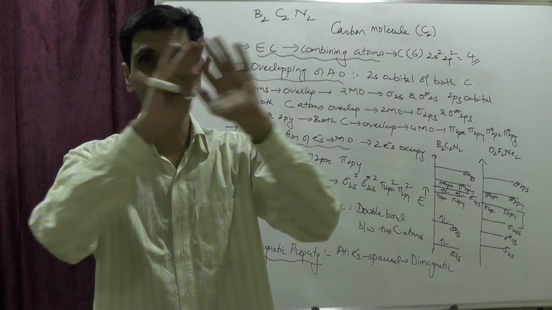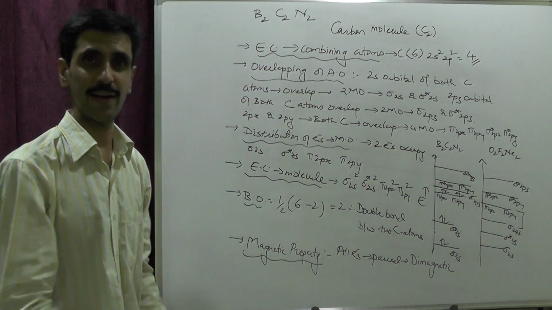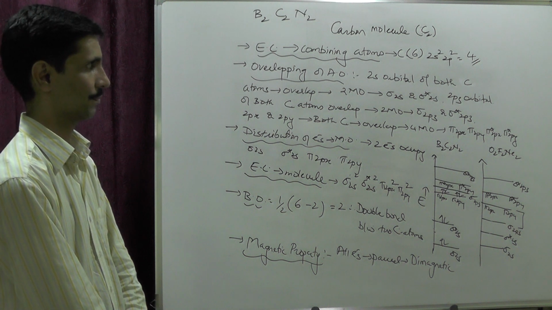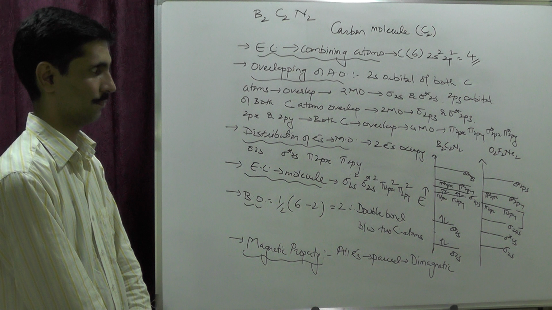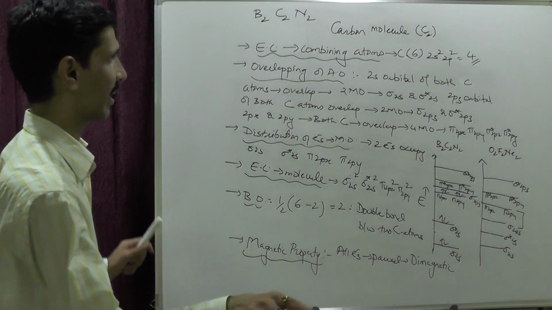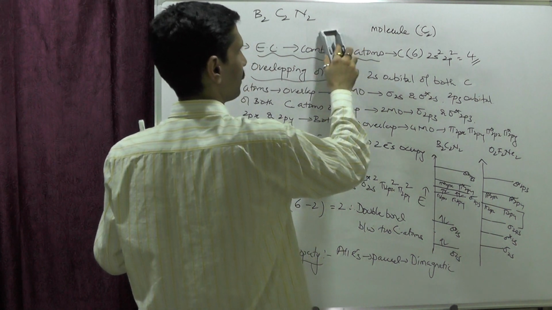Okay, now I think everything is absolutely crystal clear for all of you. So please have a look at the carbon molecule now. Okay, so once carbon is clear, we go into the next one, the last molecule now, and that is nitrogen molecule.